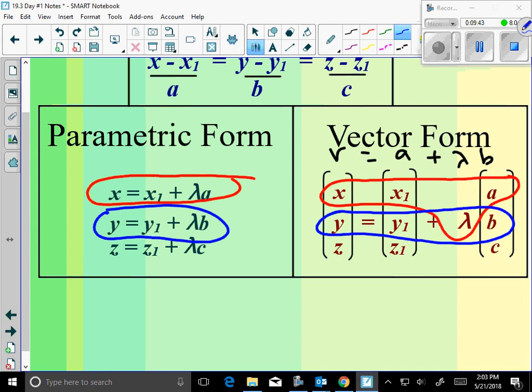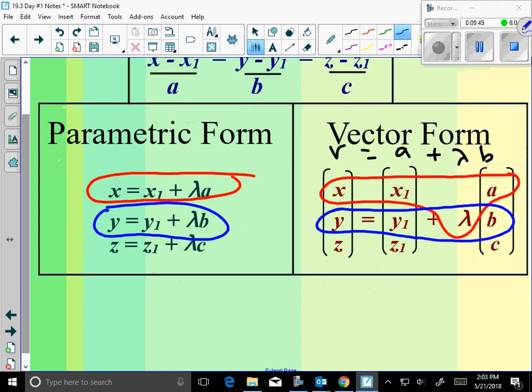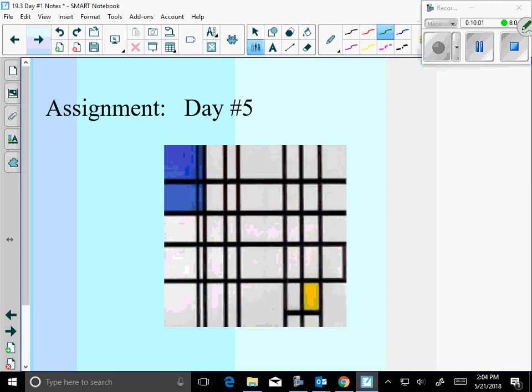And then likewise for z. Okay, we'll get to Cartesian form in a moment. But that's how we draw the connection between vectors and Cartesian form. Whoa, that's the end of the lesson? Kind of. I want to go over a couple of the problems even in the homework.